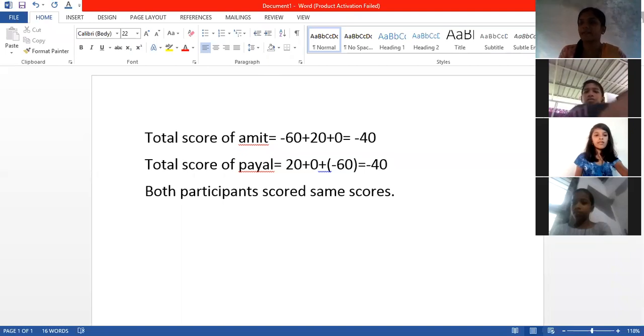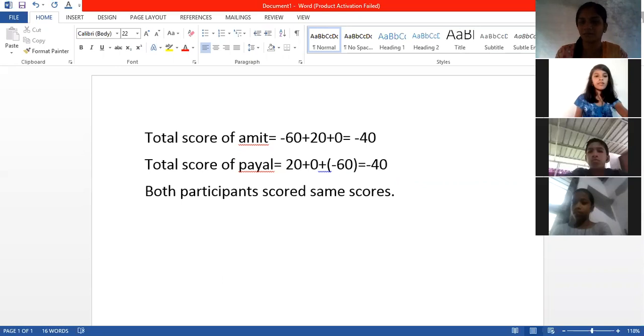Integers can be added in any order. What is that property? Addition has some properties.